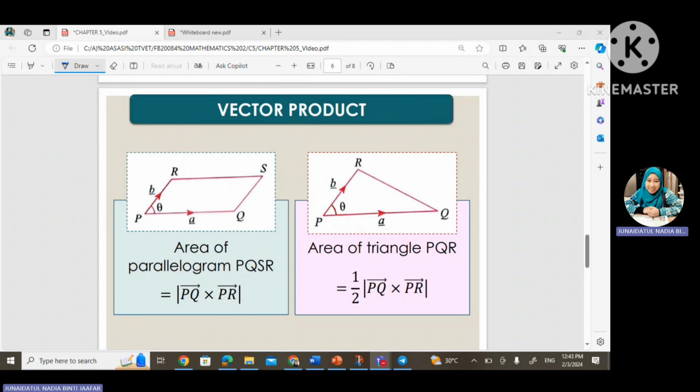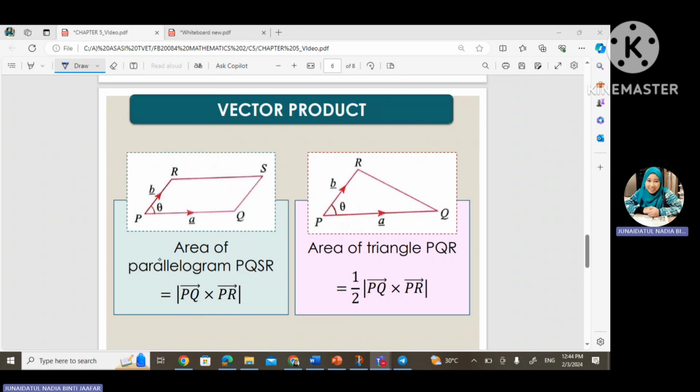So in this video, I will show you how to calculate the area of a parallelogram and the area of a triangle by applying the vector product. Okay, let's say we have parallelogram PQSR and the triangle PQR.